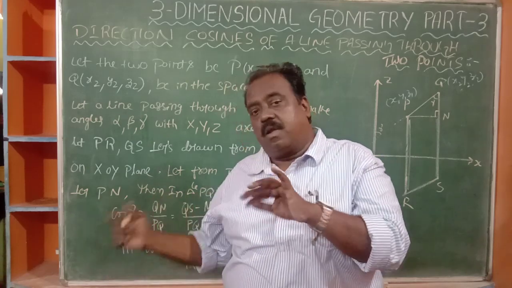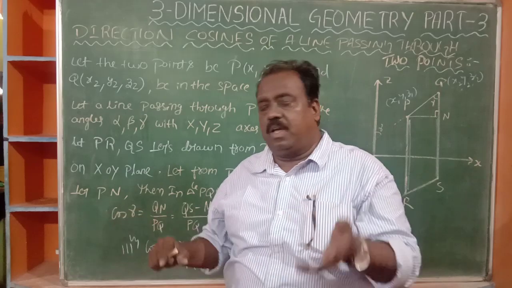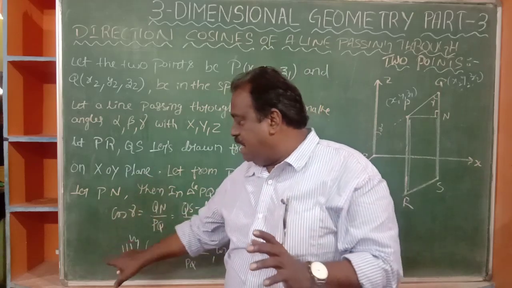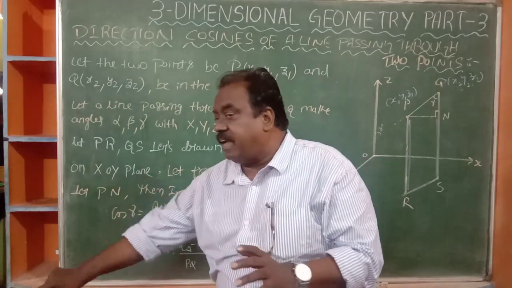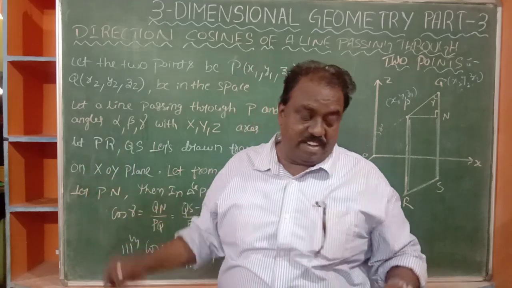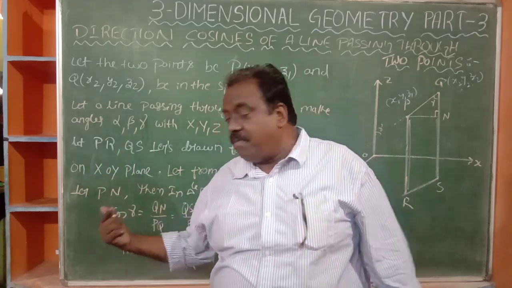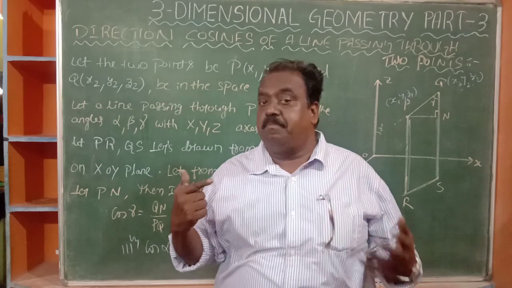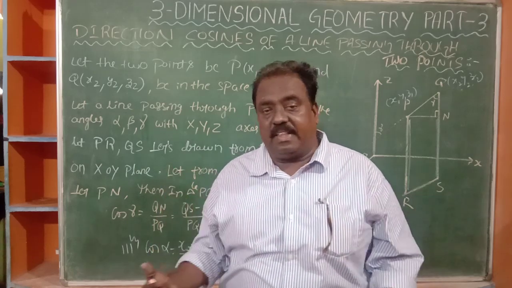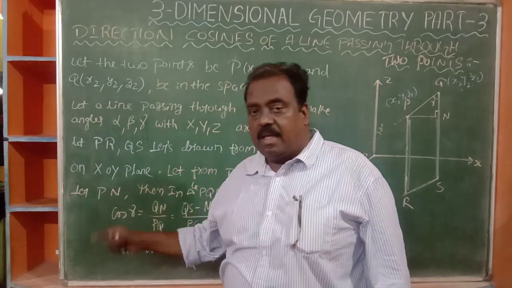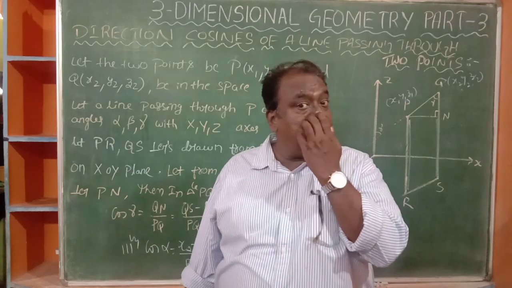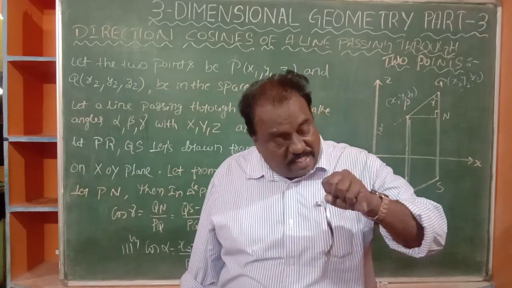That OA or OB or OC or OL, OM, whatever it may be, those lines certainly make alpha angle, beta angle, gamma angle with x, y, z. Because it is from horizon, that beam, that ray, that line segment may make angles with the x, y, z axis. Through that one we can find the DCs.